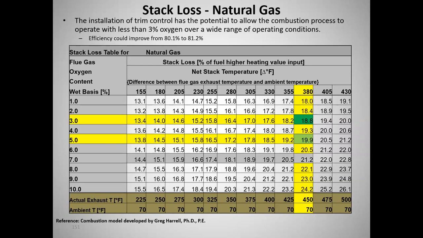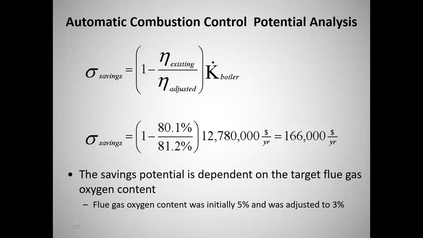So if we still had our net stack temperature of 380 and we drop to 3%, that stack loss goes to 18.8. There's another 1.1%. And so the efficiency goes from 80.1 to 81.2. And bingo, I redo the calculation. Now I'm starting at 80.1 and going to 81.2, and I subtract off that $220,000 in savings I got from tuning, because I already did that.